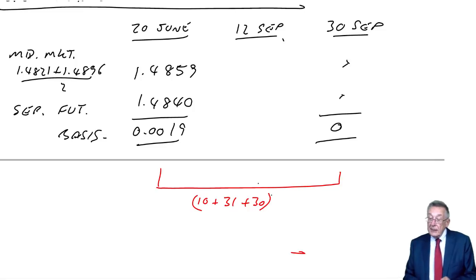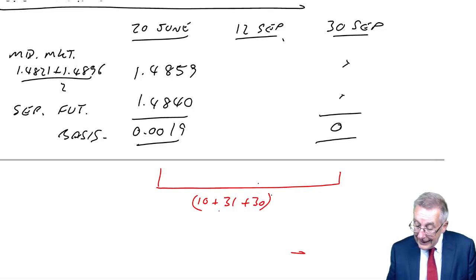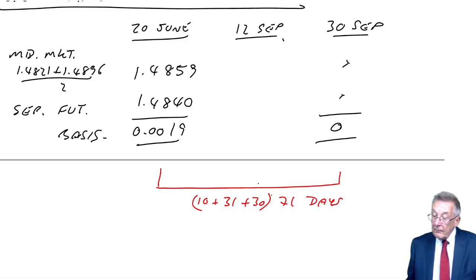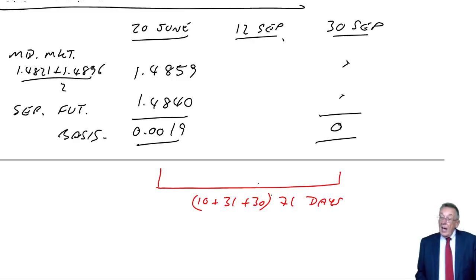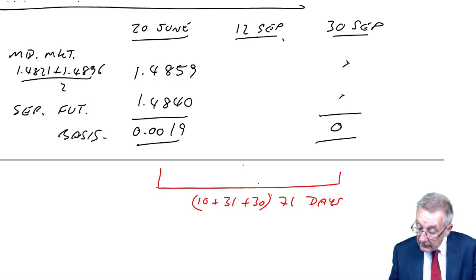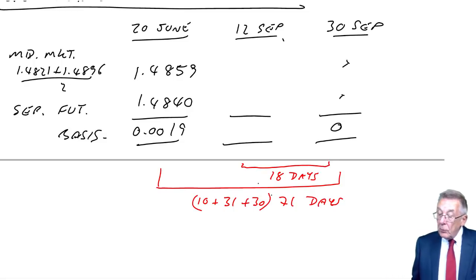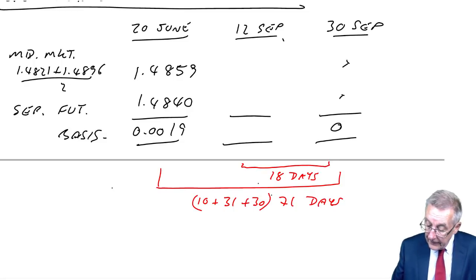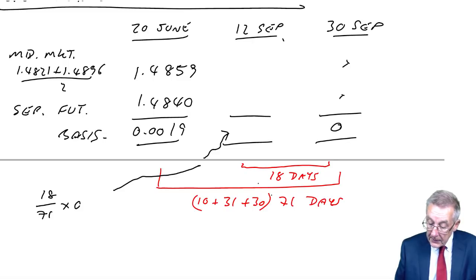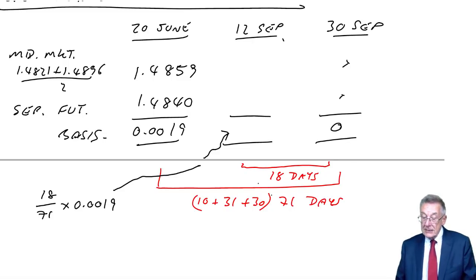So from now till the end of the future, there's a total of 71 days. From the 12th of September to the 30th of September is 18 days. So what will happen to the basis? On the assumption it falls linearly, it'll have fallen to 18 divided by 71 times 0.0019.